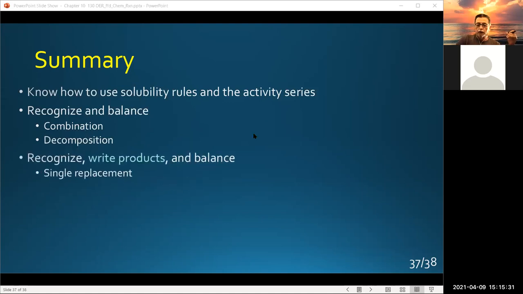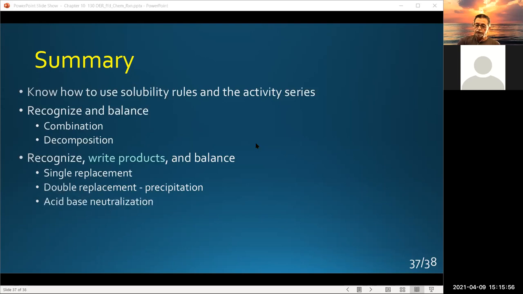We did some examples of single replacement reactions: recognize the single replacement, be able to write the products and balance it. And the double replacement reaction. For single replacement, you need the activity series. For double replacement, you need the solubility rules.